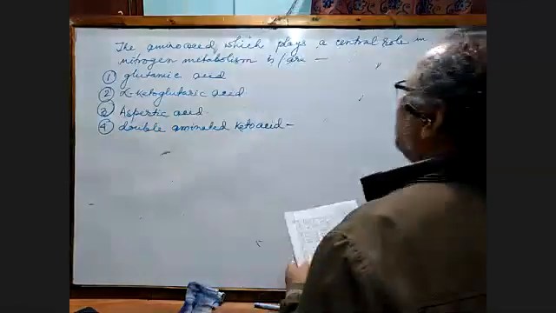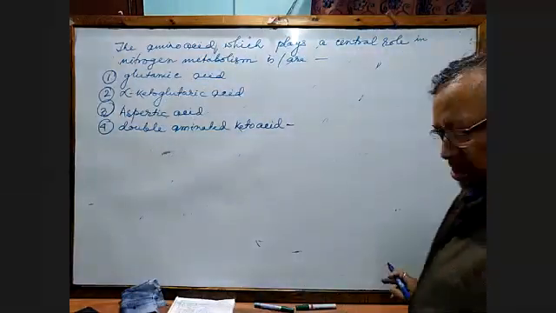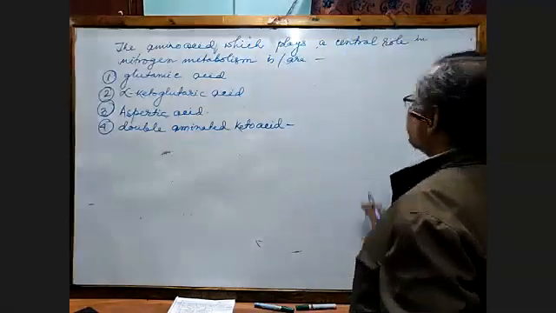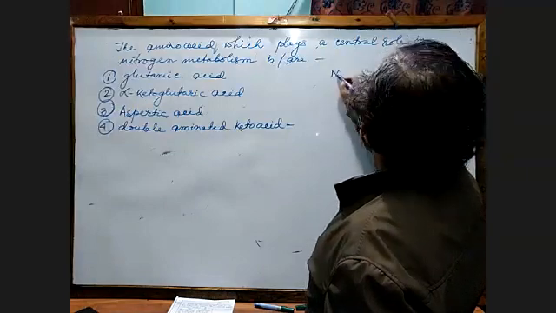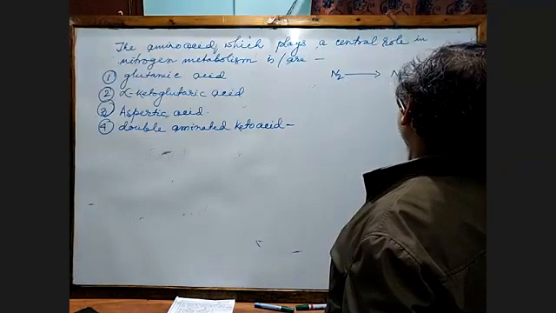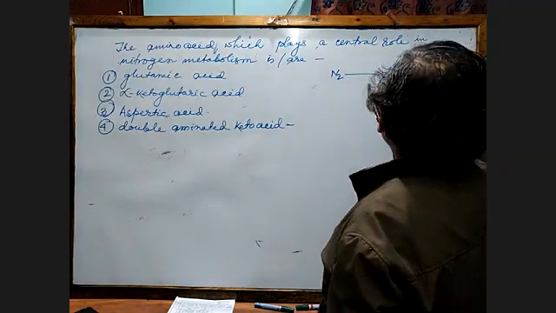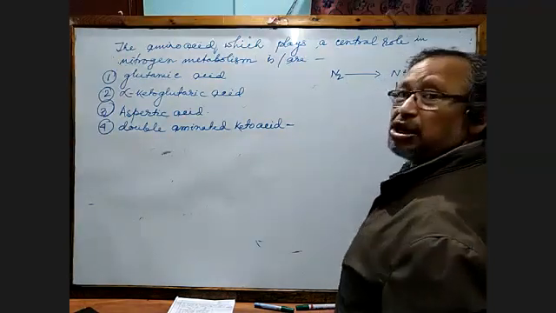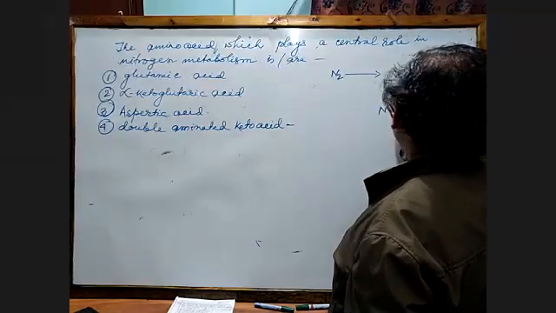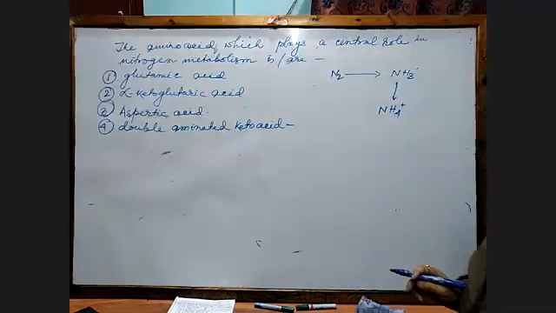The amino acid which plays a central role. Actually, in the process of nitrogen fixation, nitrogen is converted into ammonia. This ammonia is changed into ammonium ion, it is called protonated.